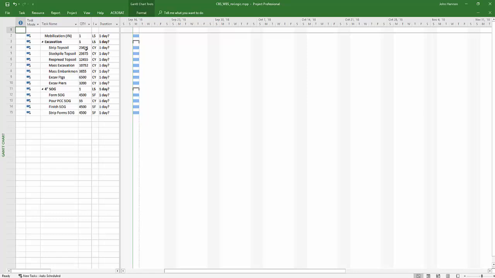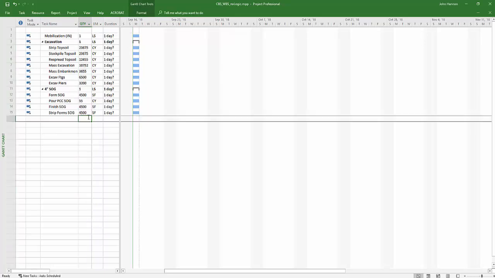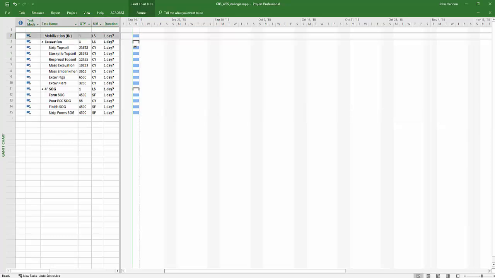Okay. So here's my quantities, here's the unit of measure. And now all I need to do is really put logic, give the schedule some logic, and I'm on my way to a schedule.